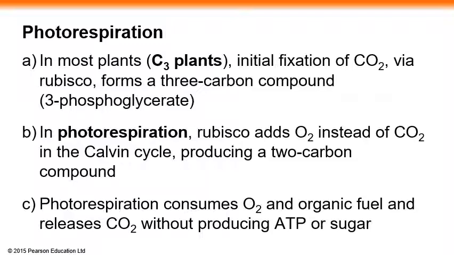So in photorespiration, the Rubisco enzyme adds not CO2 but O2 and produces a 2 carbon compound. Those 2 carbon compounds get broken down into CO2 and go away into the air. So the organic compound goes away.